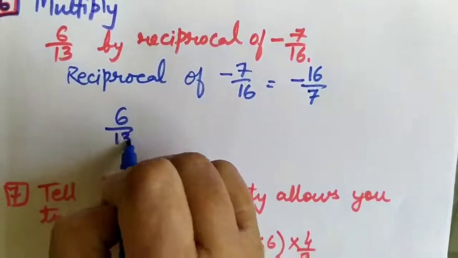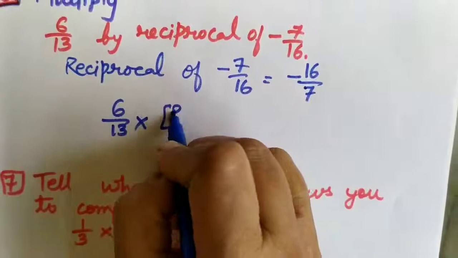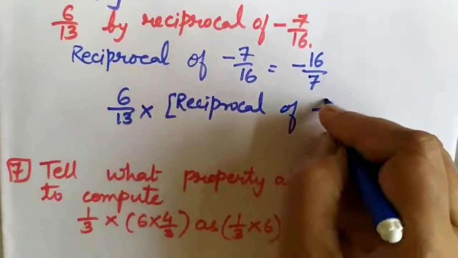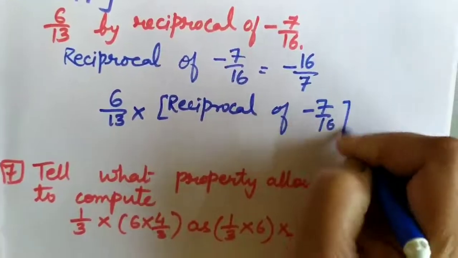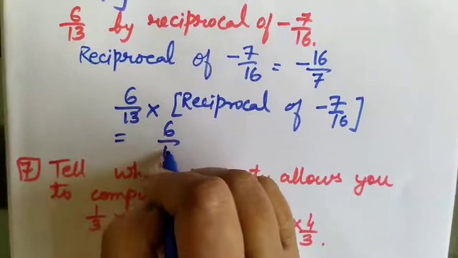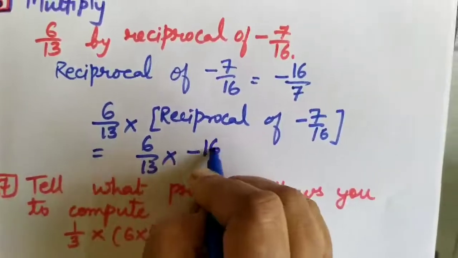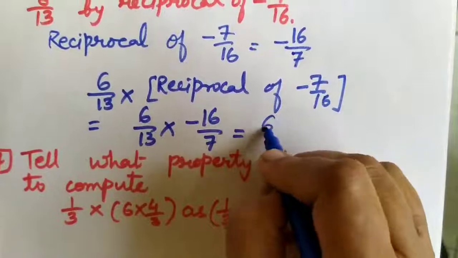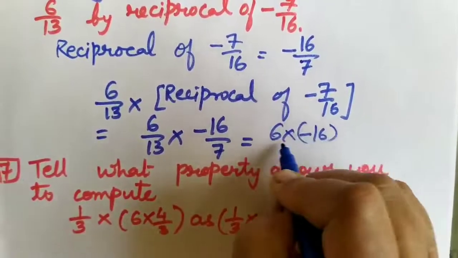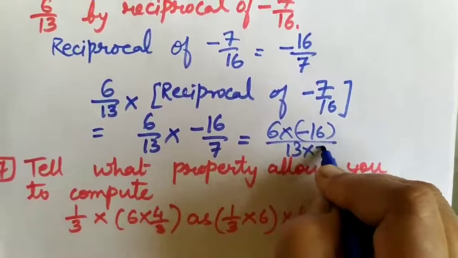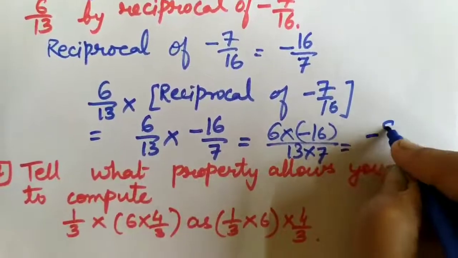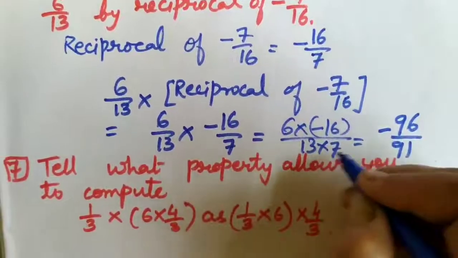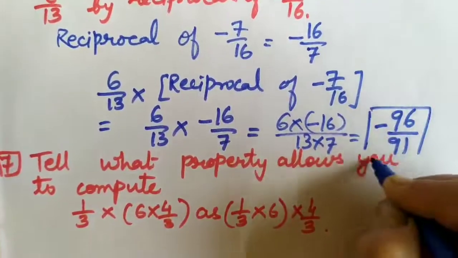So 6 upon 13 into the reciprocal of minus 7 upon 16 equal to 6 upon 13 into minus 16 upon 7, equal to, multiplying numerator with numerator, 6 into minus 16 upon 13 into 7, equal to minus 96 upon 91. 16 sixes are 96, 13 sevens are 91. This is the answer.